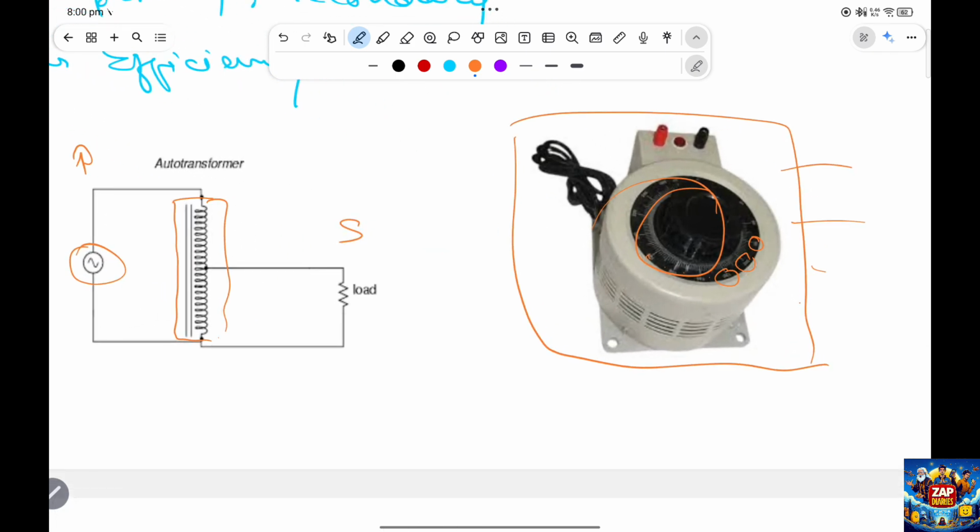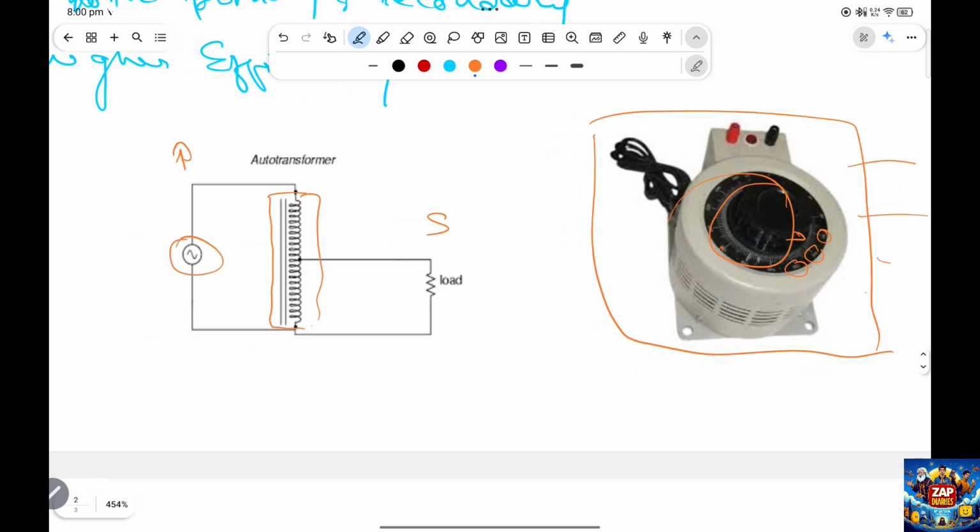We rotate this and change to a particular voltage, and inside, when you are rotating this, the tappings are actually changing. There are many tappings, and if you set it to 100 volts, this tapping will go over here.